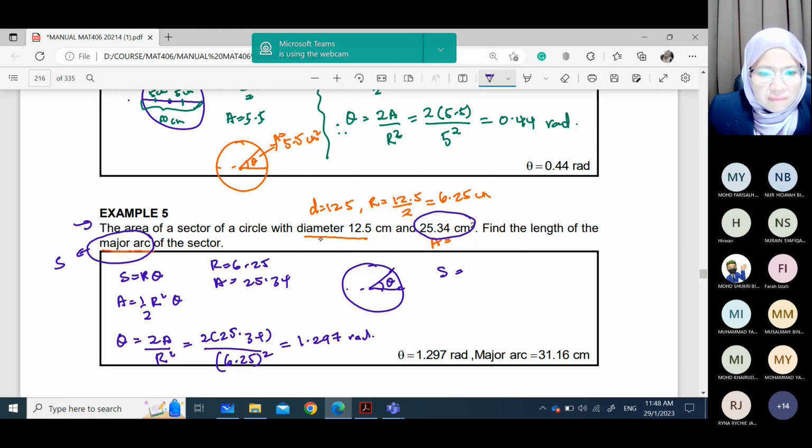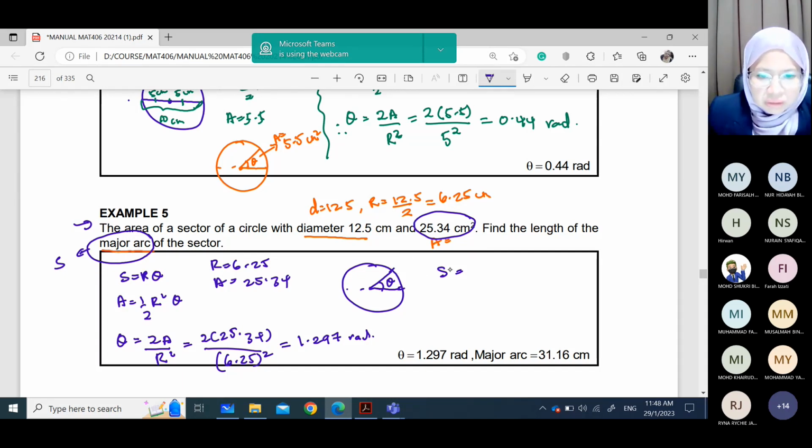So as r theta. The area of a sector of a circle with diameter 12 and this one. Circle. Find the length of the major arc of a sector. Okay.